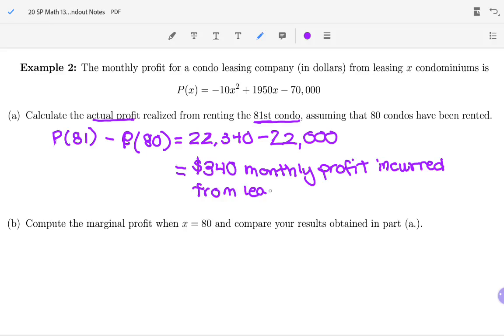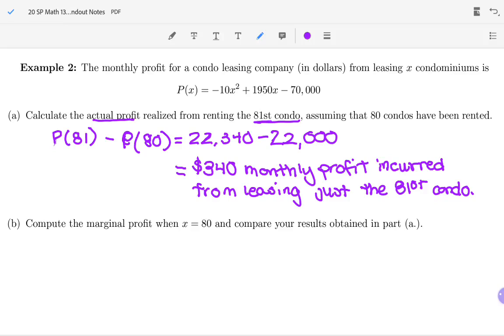Instead of selling, it's leasing this time because we're talking about condos. From leasing just the 81st condo. So I know this because they got $22,340 for all 81. Minus if they just rented out 80, they were at $22,000 even. So they got $340 extra dollars. That's their monthly profit incurred from leasing just the 81st condo.